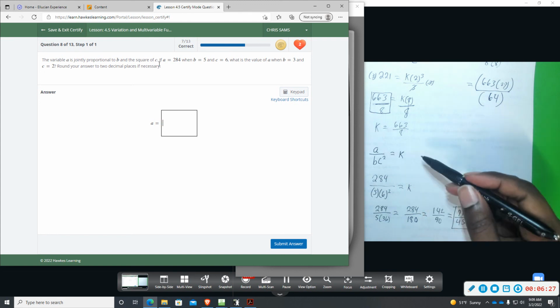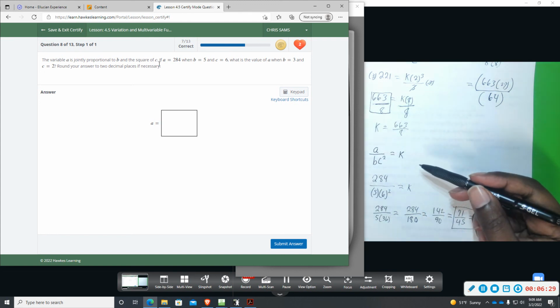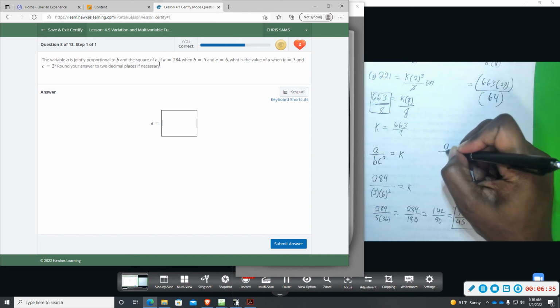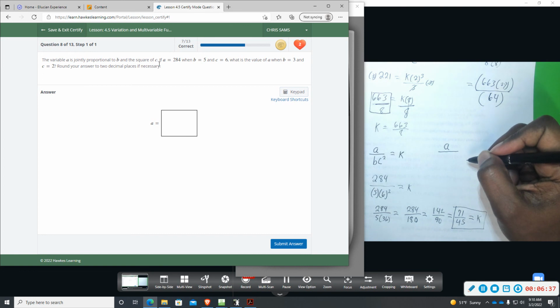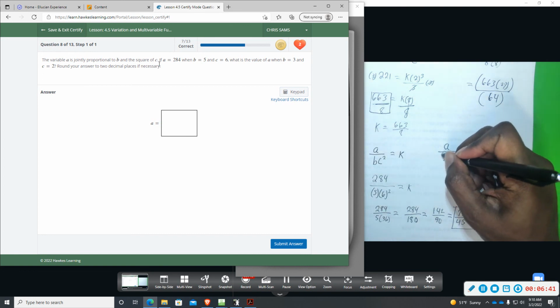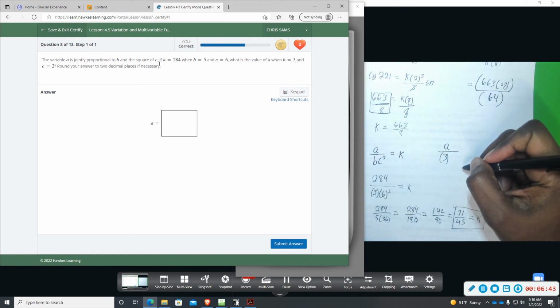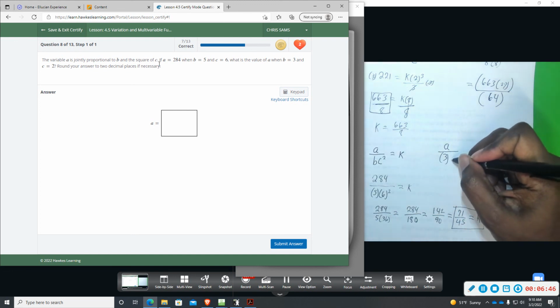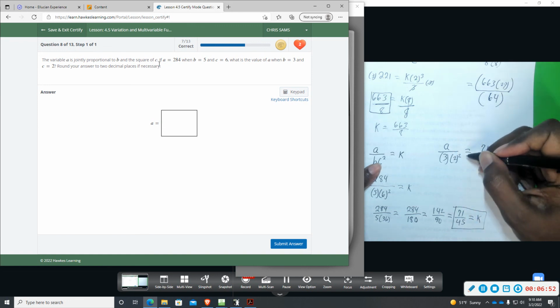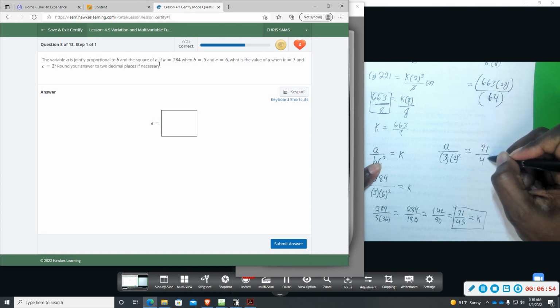So now that we have that, we want to know what is the value of A. So I'm going to set it up now. I don't know A. B is 3, so A divided by 3 times, and C is 2. And remember that is squared, so we're going to have 2 squared, and that should be equal to 71, the K value, over 45.